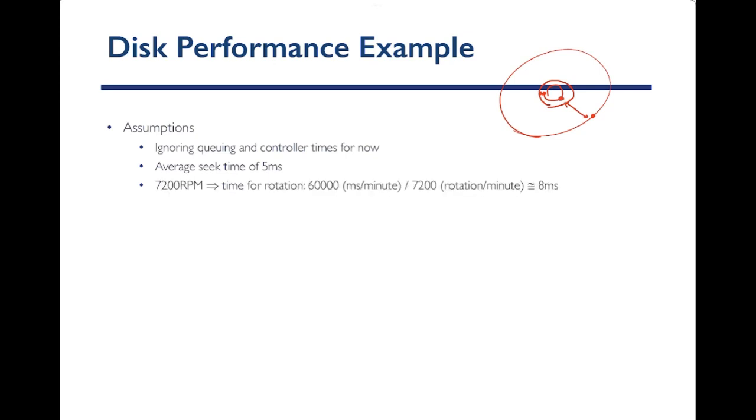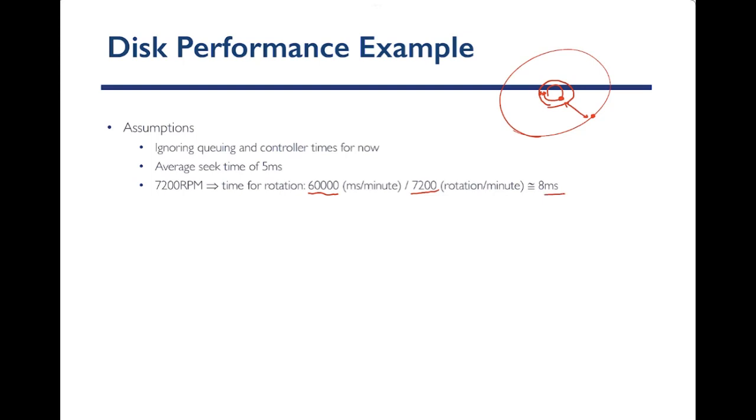Let's suppose that our system is a 7,200 rotations per minute hard disk. Now, the time for a full rotation is basically, well, you have 60,000 milliseconds per minute, and 7,200 rotations per minute.